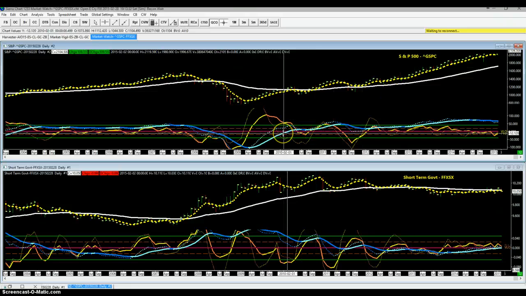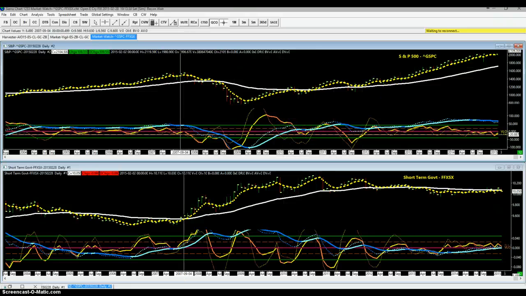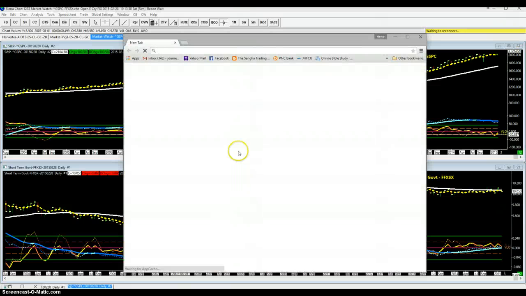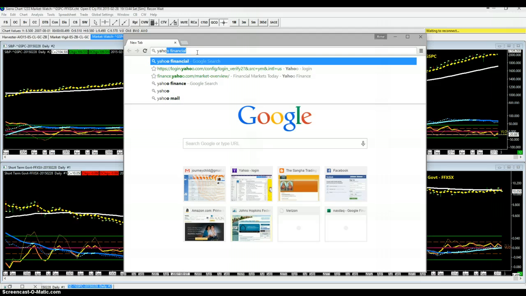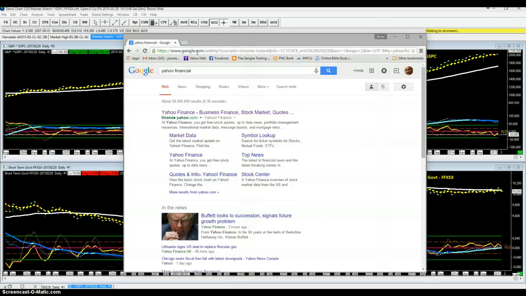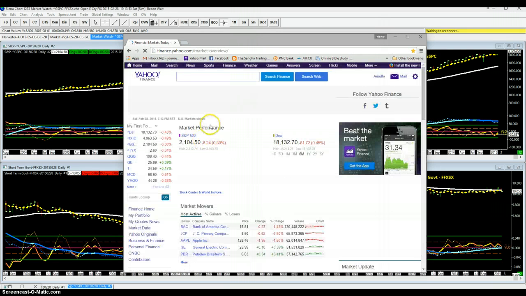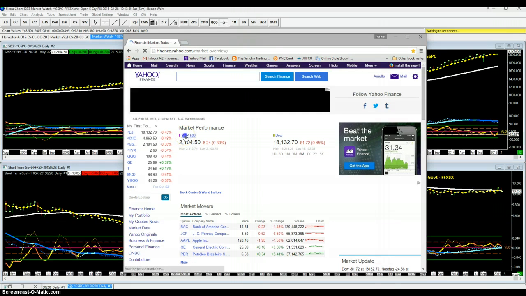So what I did is I went into Yahoo because I couldn't easily go into Google to get this information. So I just typed in Yahoo Financial, and went to market data, and there you are, S&P 500.